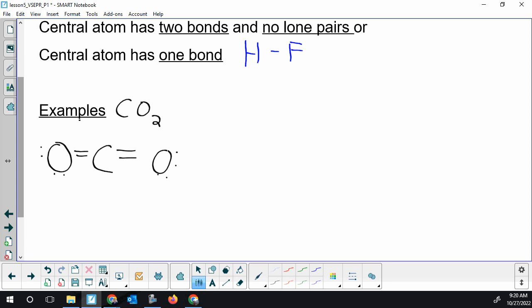So that's why you're encouraged to put them in. The shape comes from looking at the central atom. We actually can ignore the dots on those O's because they're not on the central atom. How many bonds do we have on that carbon? We have 2 bonds, and there are no lone pairs. So we're going to get a straight molecule.